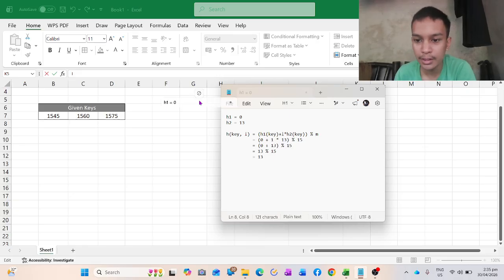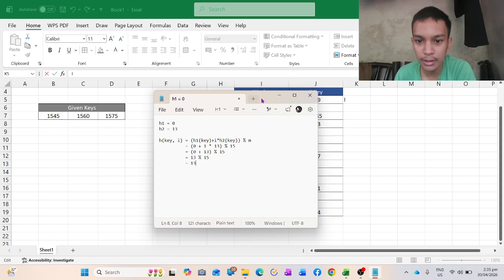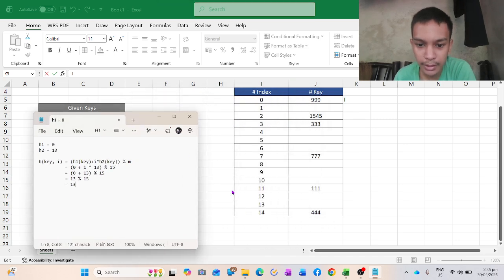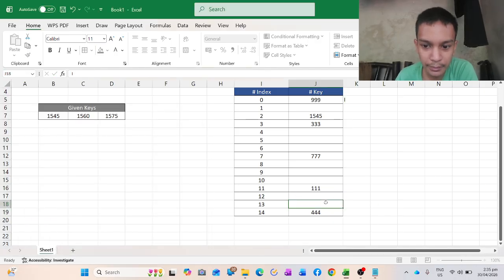Since index 13 is empty, we're going to put it here.